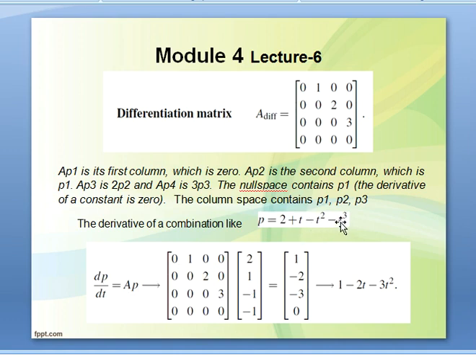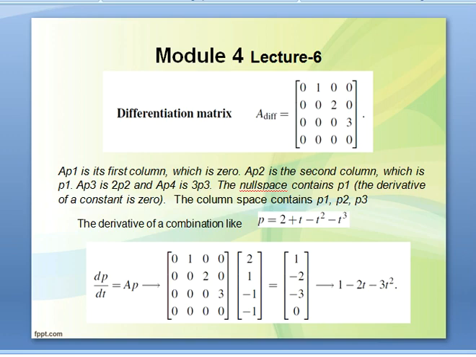When these are multiplied using matrix multiplication, rows and columns, the first result is 1, the second is -2, the third is -3, and last we get zero, which is nothing but 1 minus 2t minus 3t square.